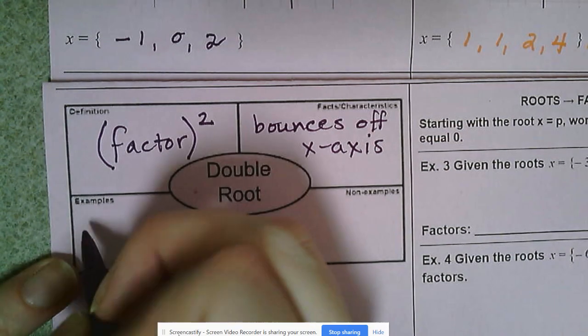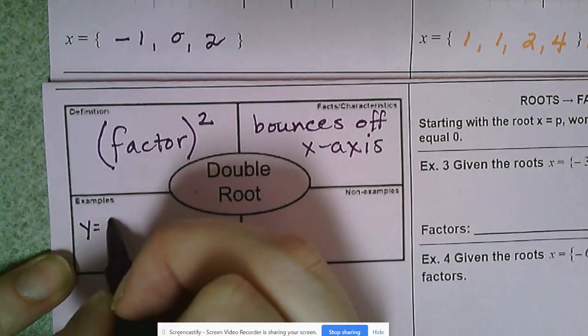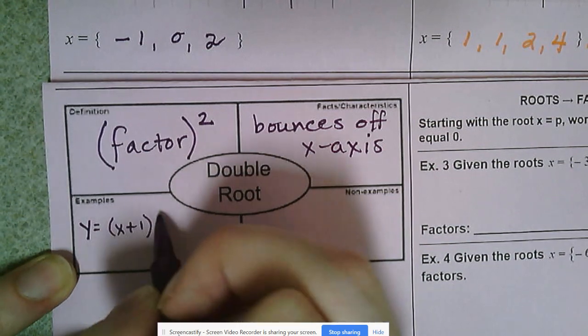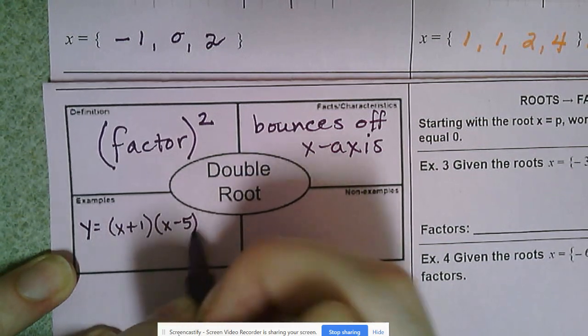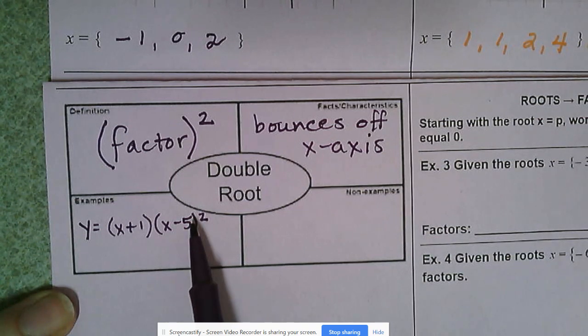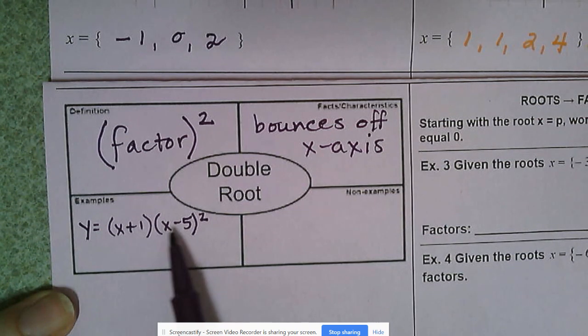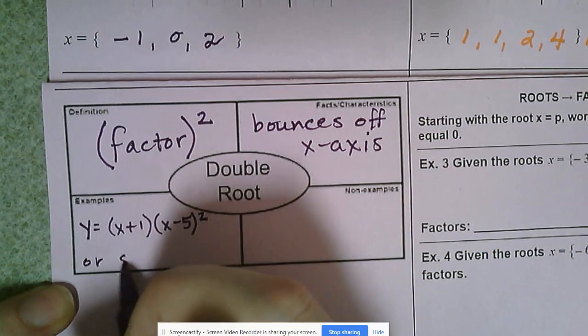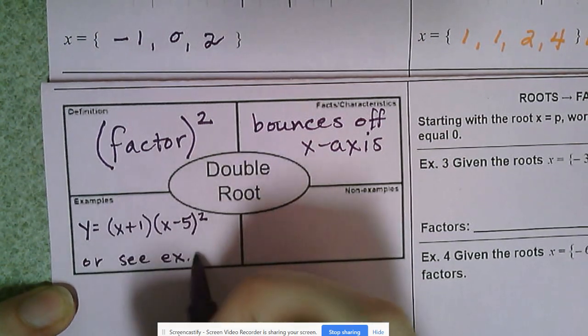So equation-wise, an example could look something like this. I've got a factor of x plus 1, and a factor of x minus 5, but this factor is squared. So I could use this factor to find my double root, or you can just refer to example 2 that we have over here.